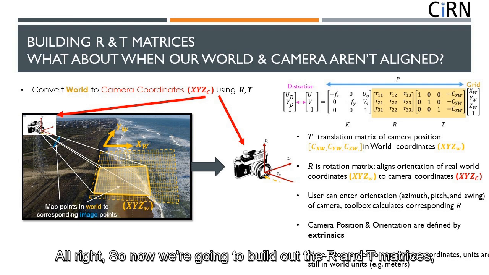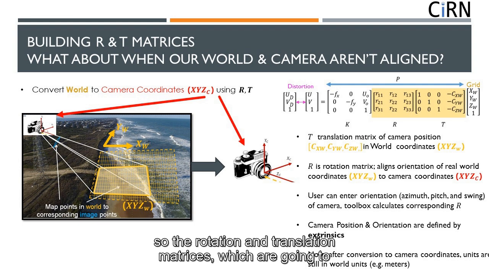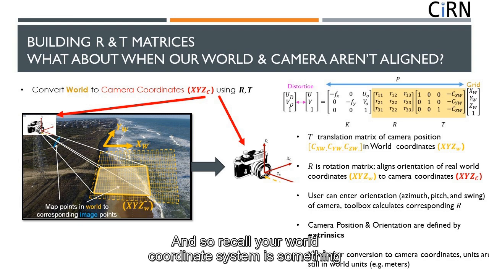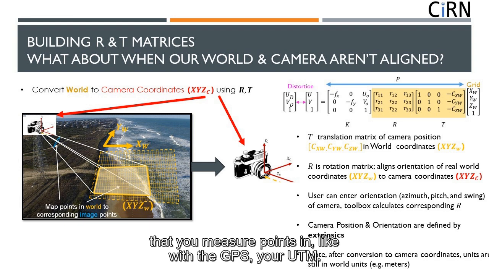All right, so now we're going to build out the R and T matrices, so the rotation and translation matrices, which are going to allow us to solve the more practical problem of when our camera and our world coordinate system are not aligned. And so recall your world coordinate system is something that you measure points in, like with the GPS, your UTM.